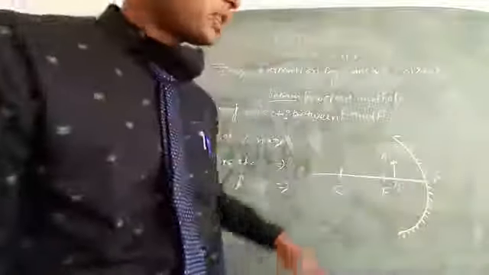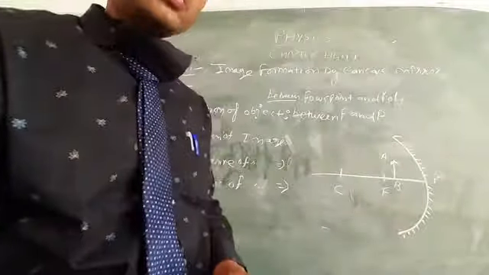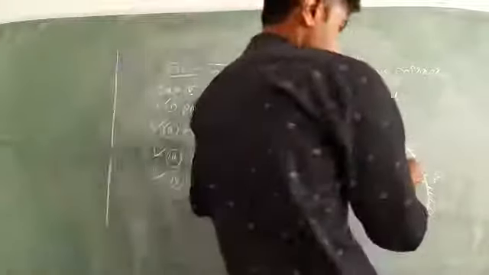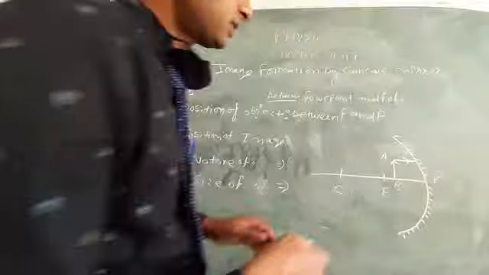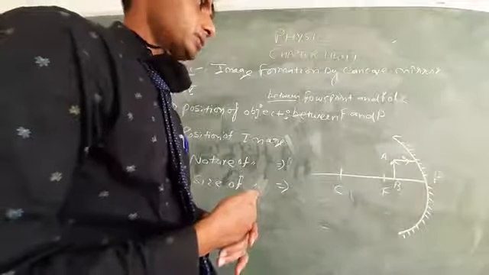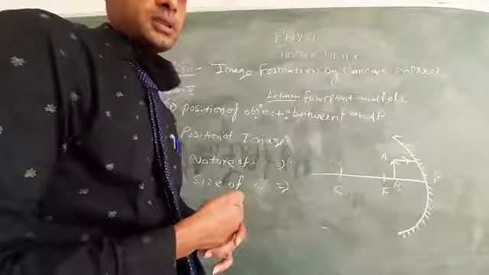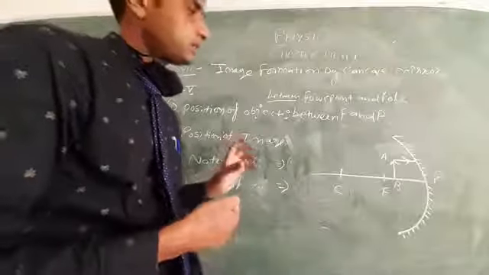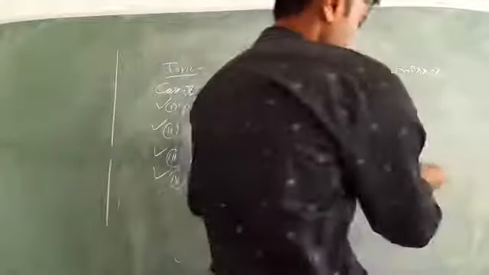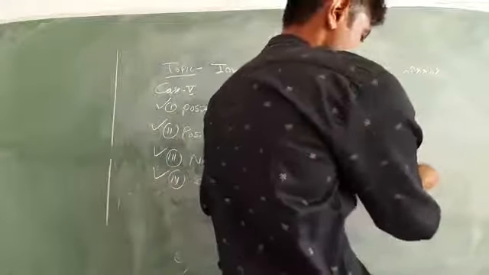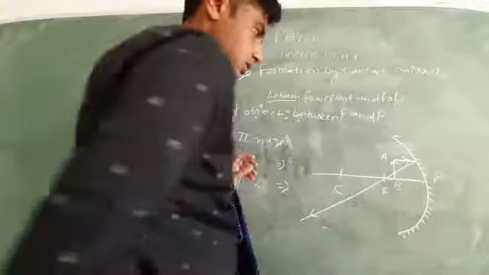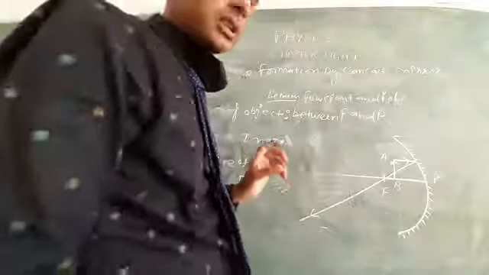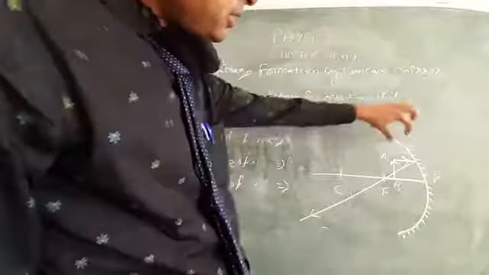A ray of light starts from the top of the object and travels parallel to the principal axis. After reflection, the reflected ray passes through the focus. According to the definition of focus point, a parallel ray always passes through the focus point.